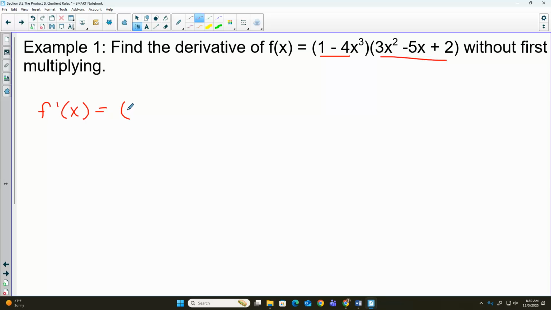So if you wanted, what's the derivative of the first parenthesis? Just make it 12x to the second. So if I were just doing that derivative, the derivative of 1 is 0, 3 comes down, so negative 4 times 3 is negative 12, x, you subtract 1 from the power. Second one stays the same.